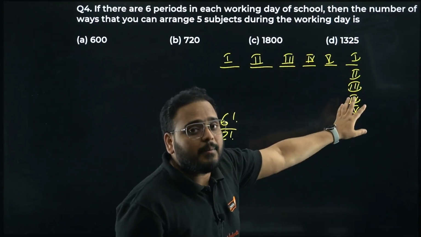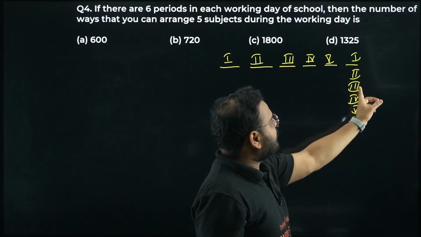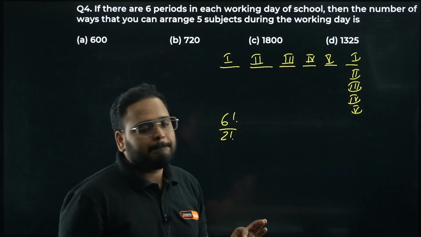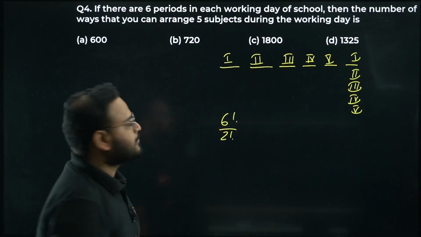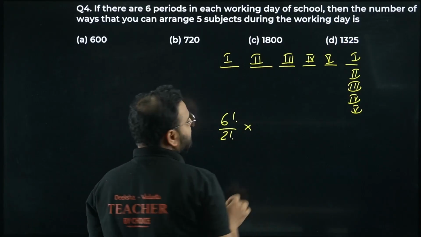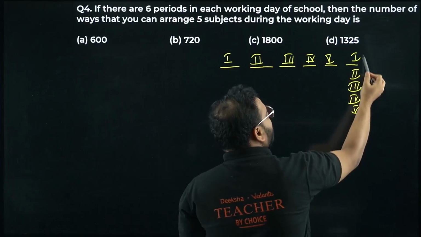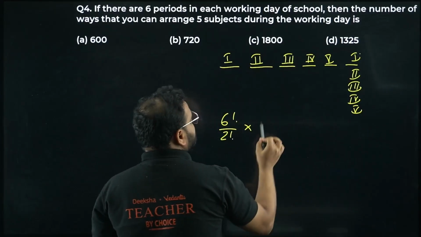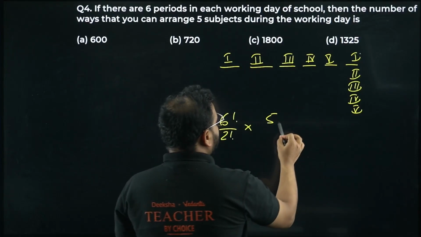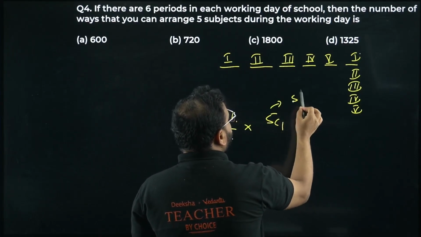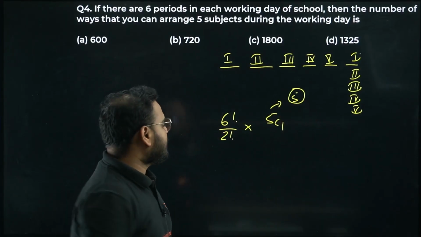So any of the subjects can come. 1 can come, 2 can come, 3 can come, 4 can come, 5 can come. Means I have to have the repetition. That's why dividing by 2 factorial. Now into this is enough. So we have to take this for the first, second, third, fourth, 5 subjects. Means basically 5C1 is simply 5. It becomes simply 5, sir. Okay. So please check what I get now.